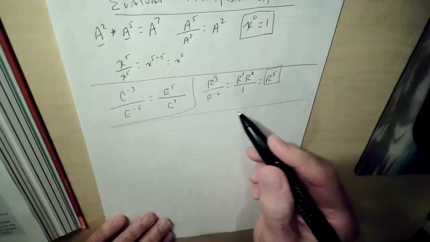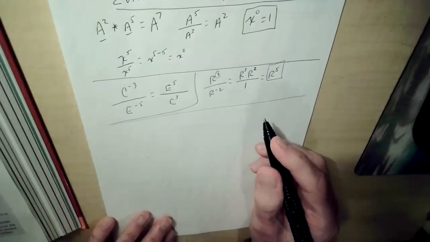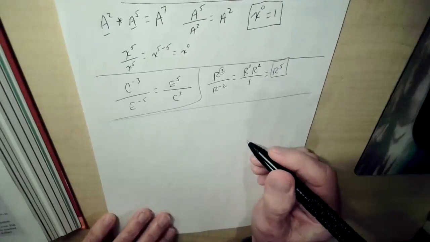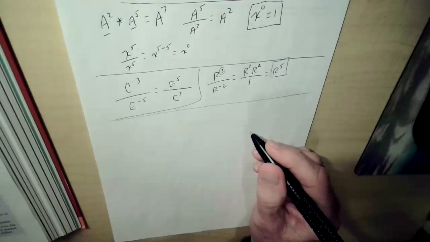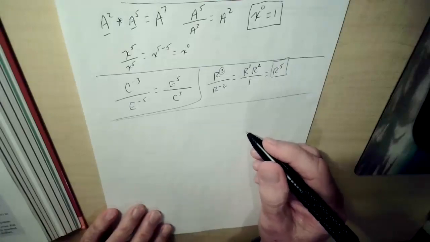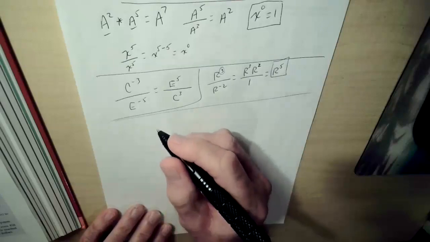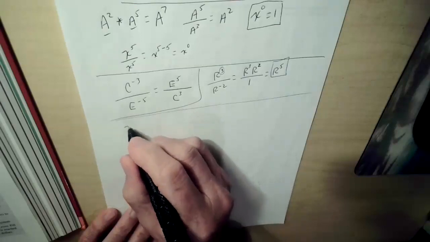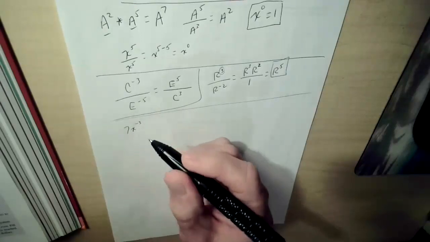They get a little longer than this, but they really don't get any more difficult. It's just the same thing. Now, if we have this, let's see. Like I said, these numbers, they really don't get any more difficult. They just get longer. So if we have 7x to the minus 3.